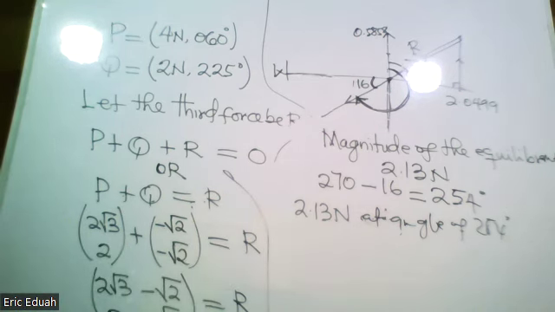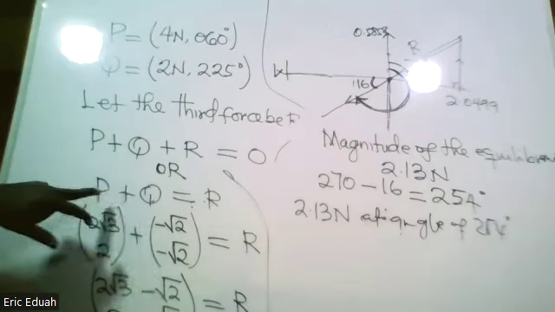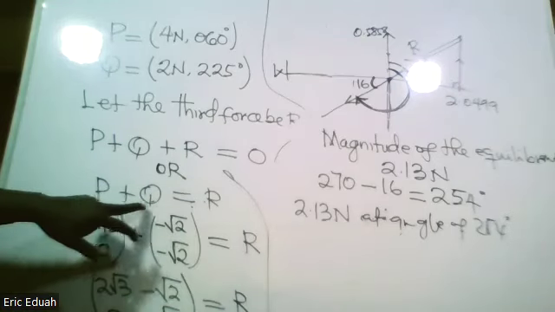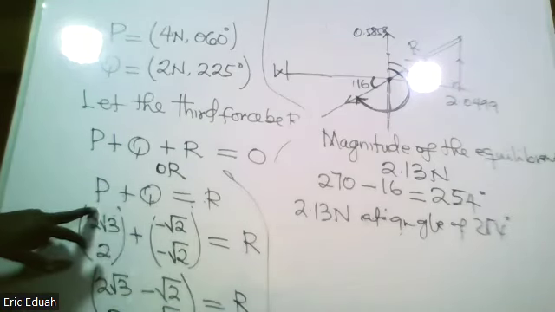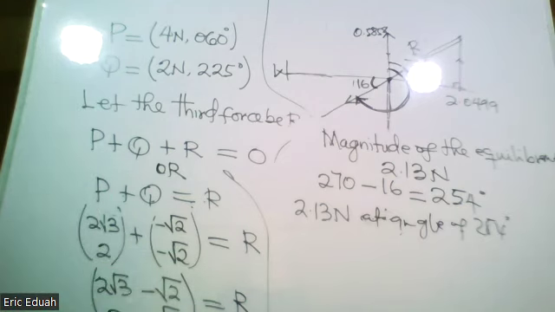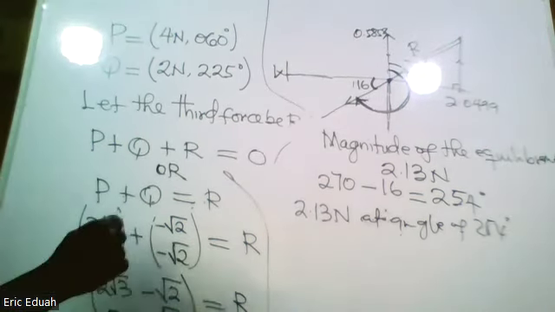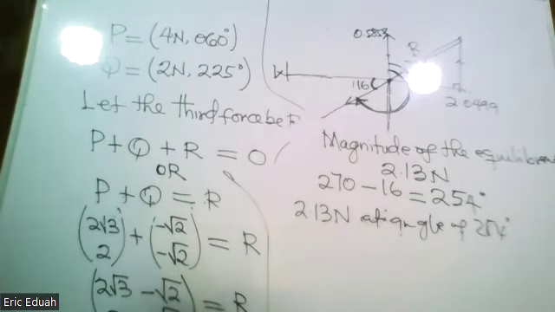Okay, so the equilibrant has the same magnitude as the resultant. By equating R to this, we are finding the resultant. If you determine the magnitude of the resultant, that would also be the magnitude of the equilibrant, but the directions of the two are always opposite.